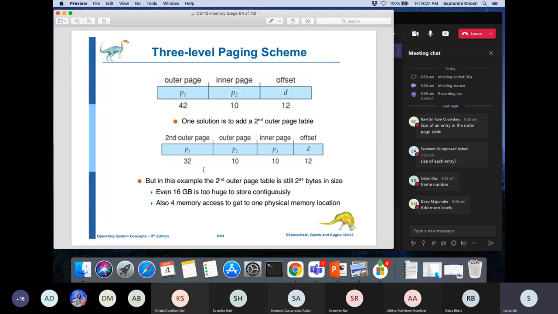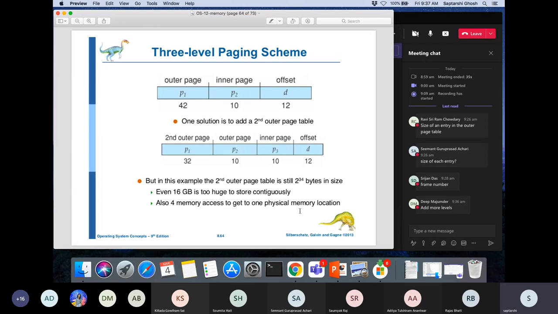Also, we can add more and more levels, but then there's a big cost. So now 4 memory accesses are needed to get to one physical memory location. Now you have 3 levels of page tables, right? So you first access the first level page table. That gives you the address of a page of the second level page table.